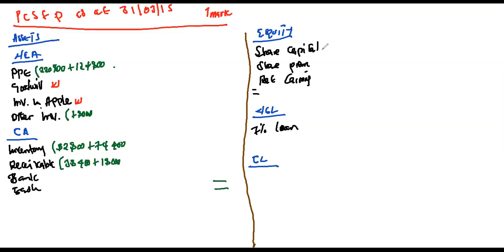Okay. Let's go to share capital. Remember what we said? For share capital, we only pick for the parent, that 120,000. We leave it open plus or minus, just in case something comes up. Share premium: what do we have? Share premium is a working, so we don't bring anything in.